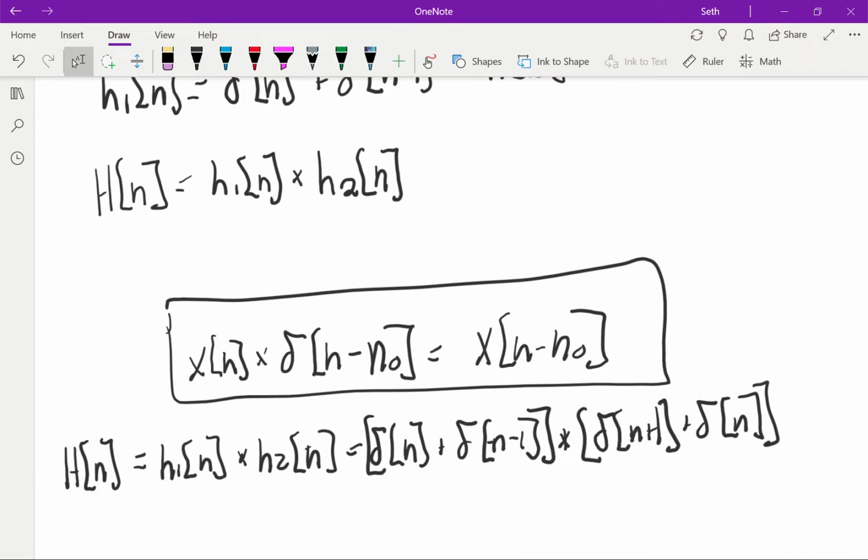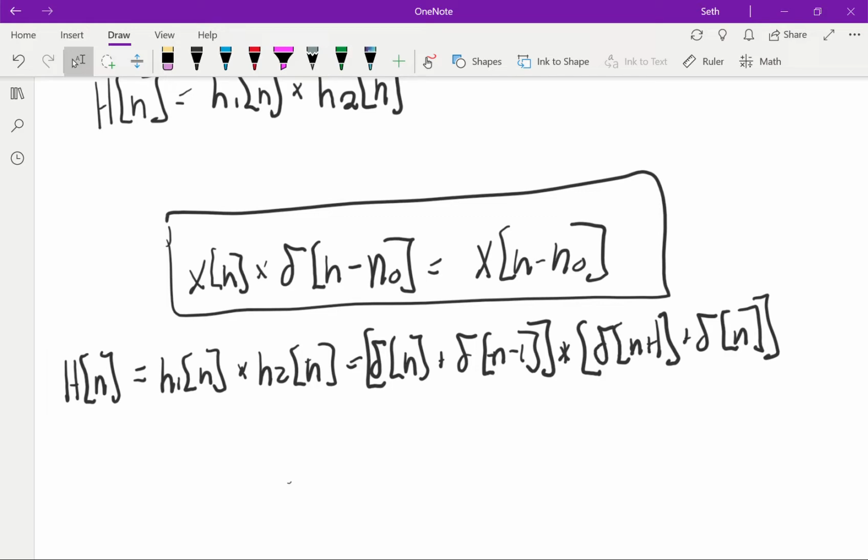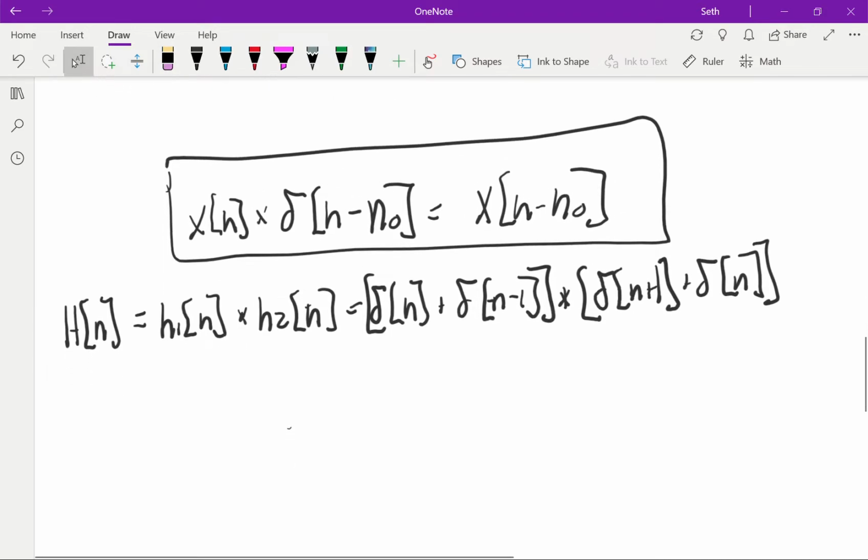Okay, convolution is commutative, so we can sort of FOIL this out like we would in algebra.